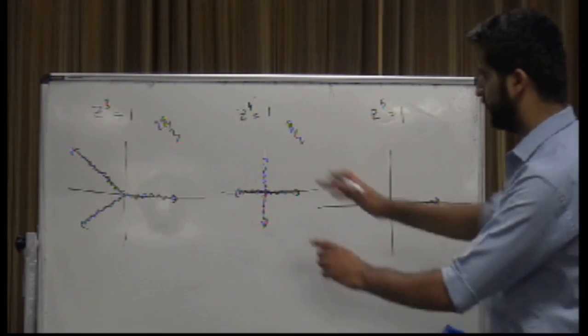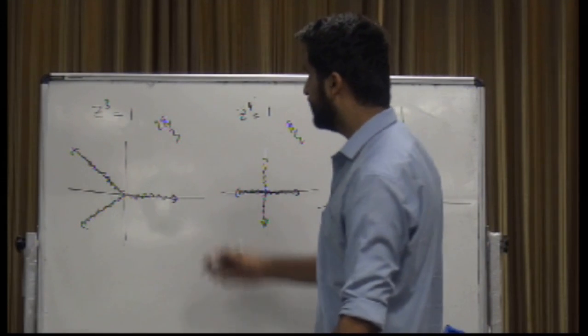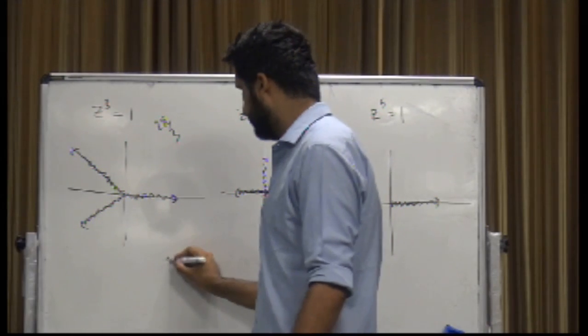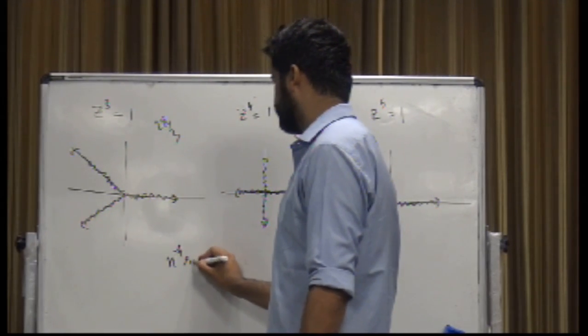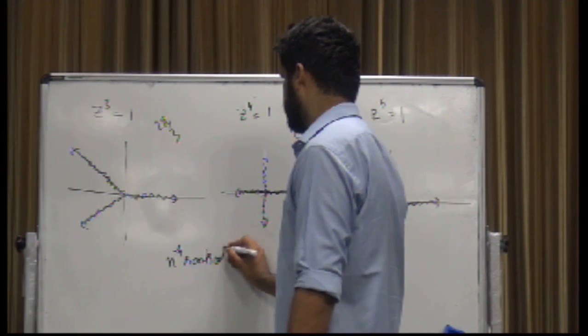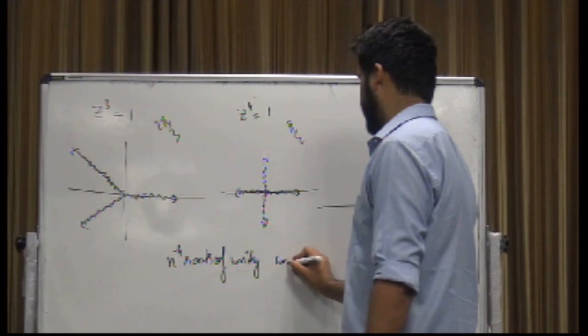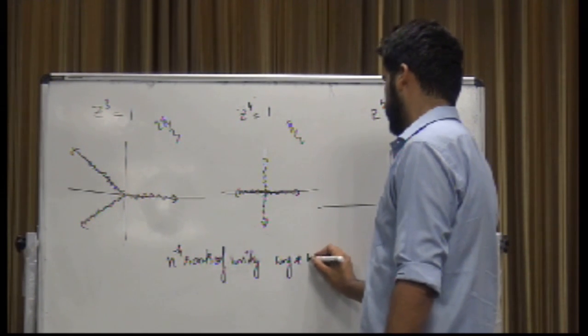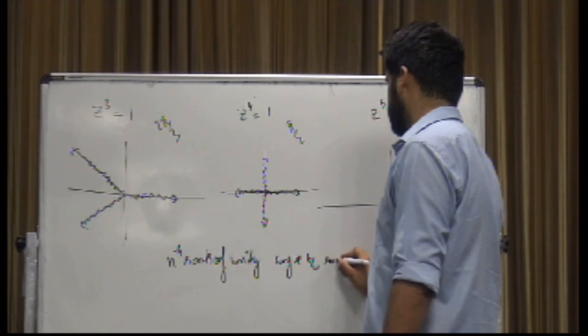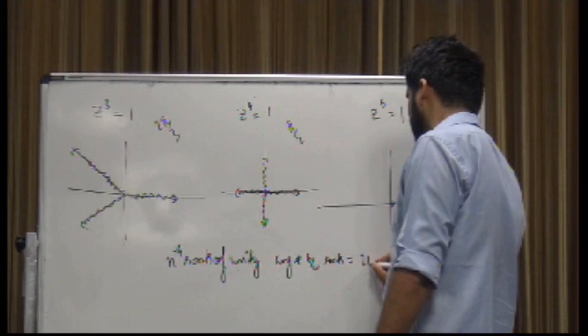So see, I'll tell you a trick to do that. Whenever you are calculating nth roots of unity, then the angle between roots is equal to 2 pi by n.